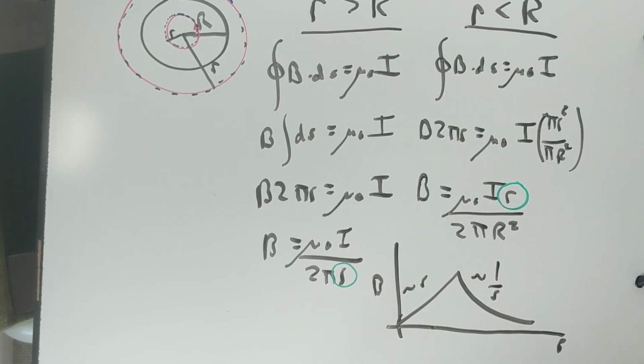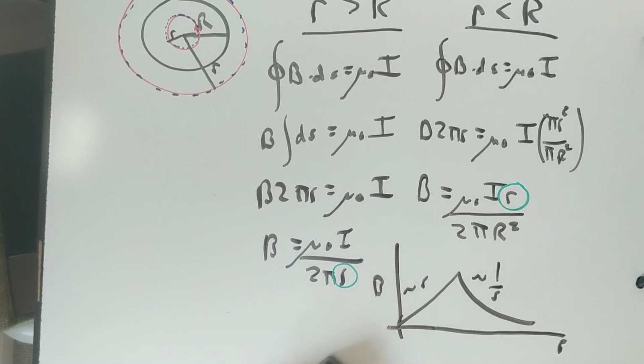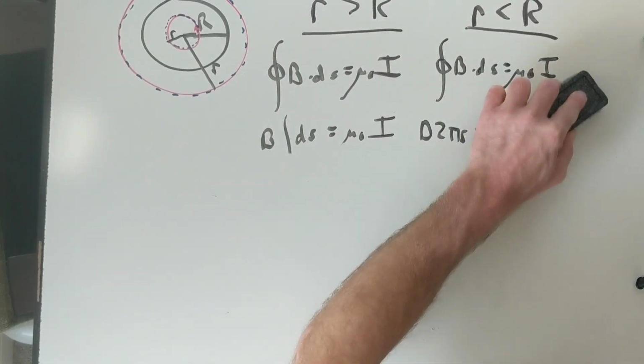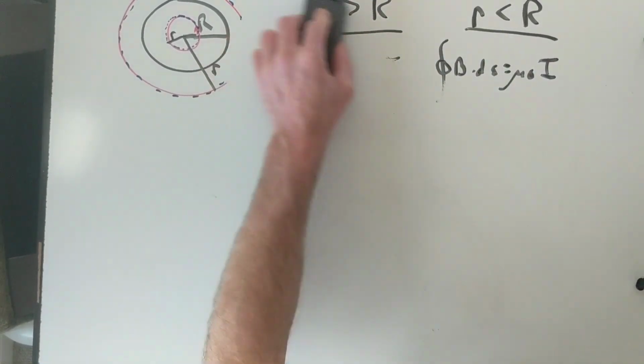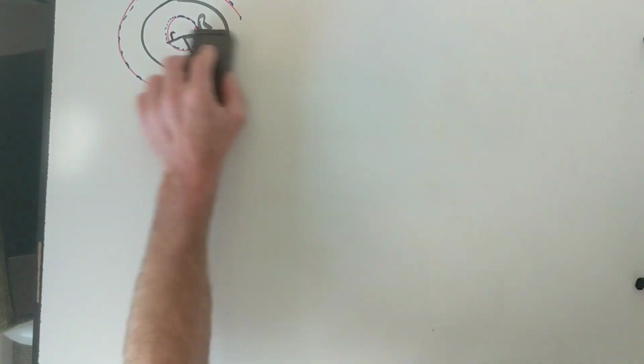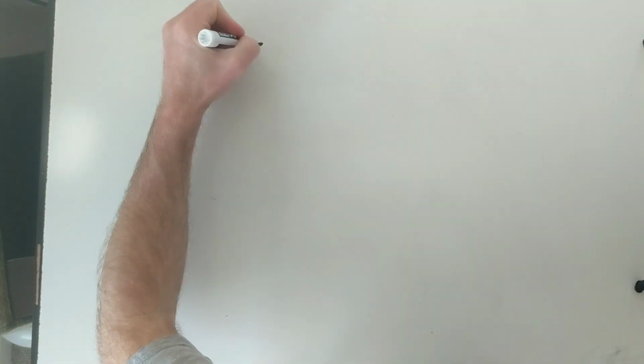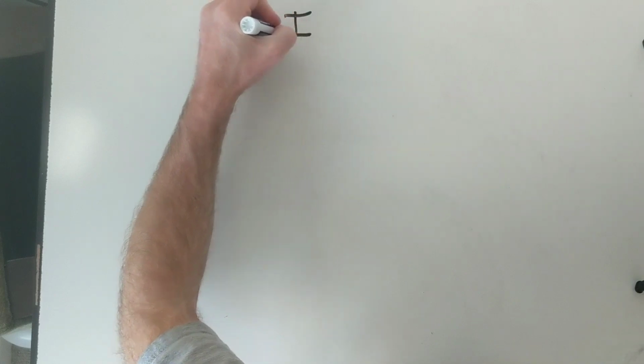Now, one thing that can be thrown at you, although it's a little bit more rare than with Gauss's law, is what happens if the current density is changing? What happens if you have a current density that changes as you go through? And for that, I'm going to introduce you to the idea of current density. That current density J is current per area.